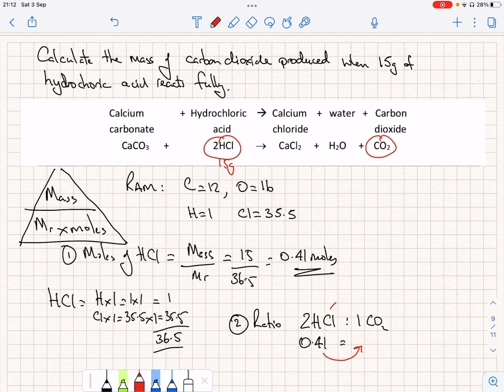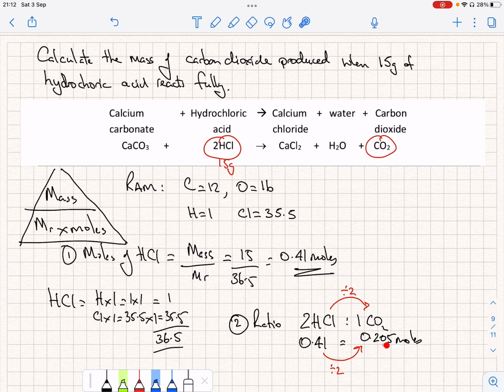Well, if you look at what goes on here, going from here to here, we have to divide by 2. So I have to do the same with this. So I've got 0.41 divided by 2, which is going to be 0.205 moles. So I now know that I've got 0.205 moles of the carbon dioxide.